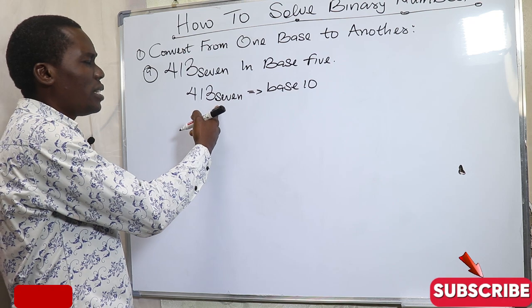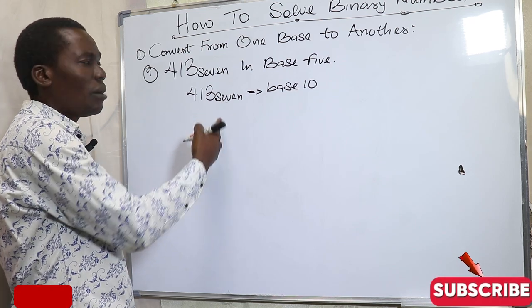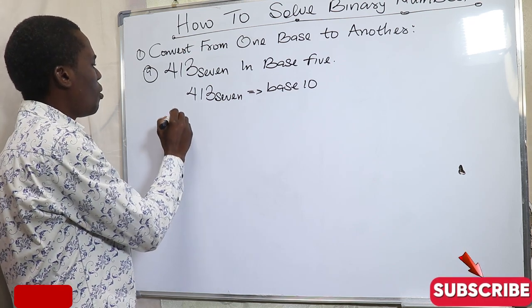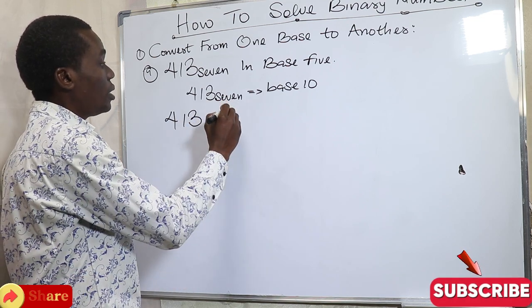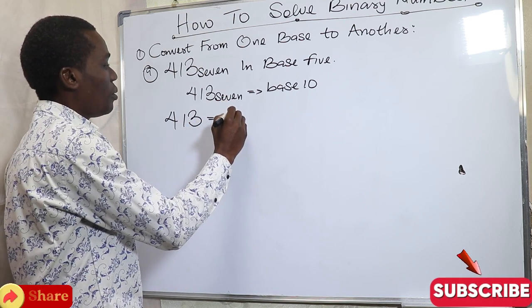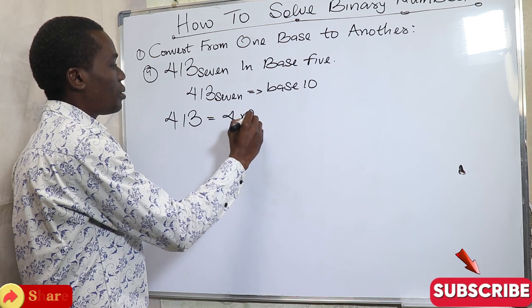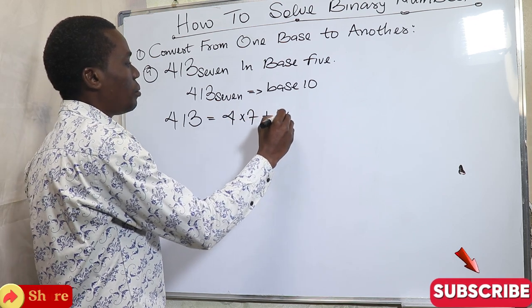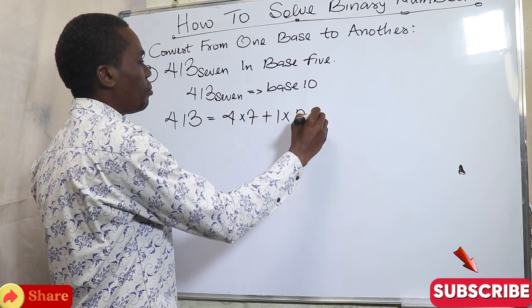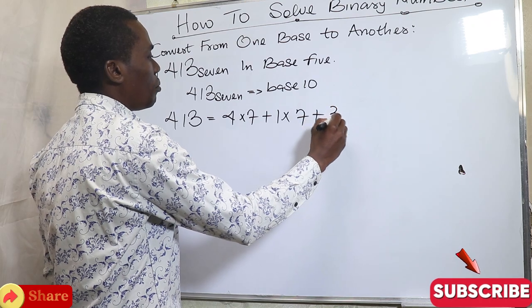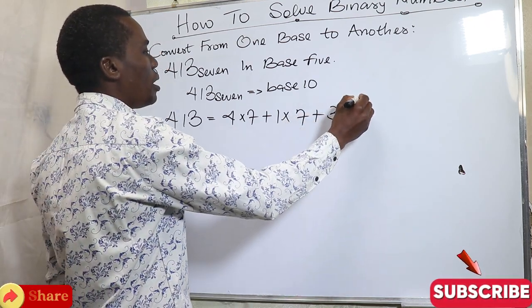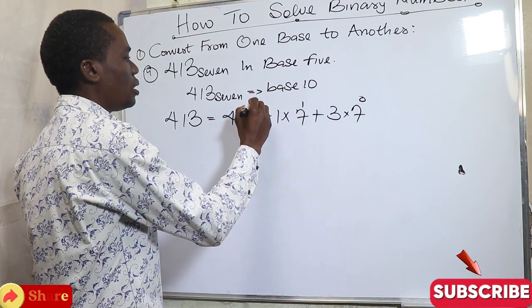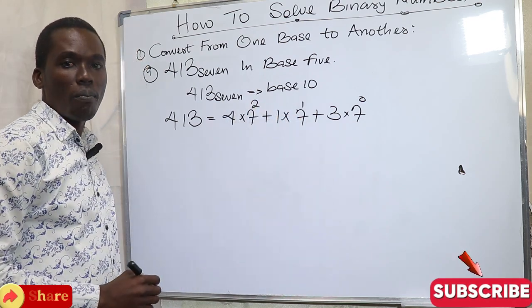Now if I want to expand this and find it in base 10, I'm going to have my 413 to be equal to 4 multiplied by 7 squared, plus 1 multiplied by 7, plus 3 multiplied by 7, and all of these 7s will be in their various place values.